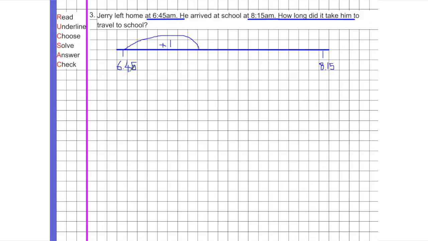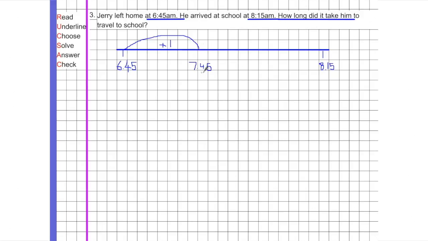The minutes are going to stay the same, and we're going to add 1 to the hour, so it's going to be 7:45. Now if we add another hour, your knowledge should tell you that it would be 8:45, which is later than 8:15. So that would mean we're going past 8:15. We don't want to do that.